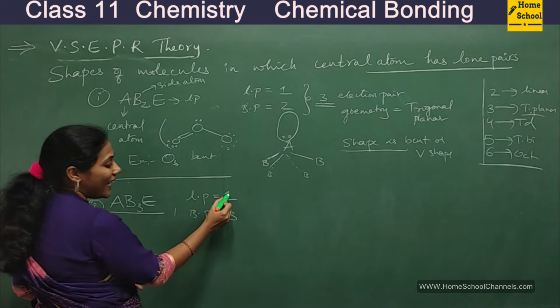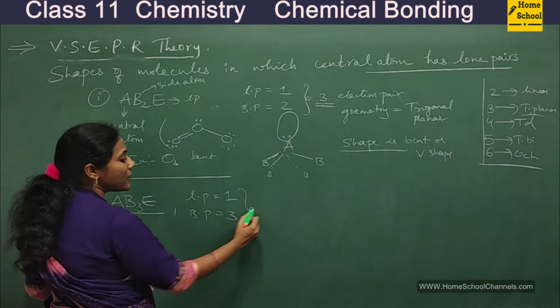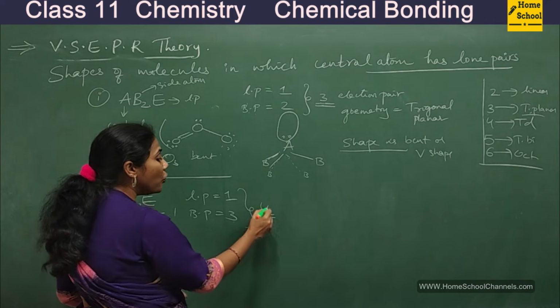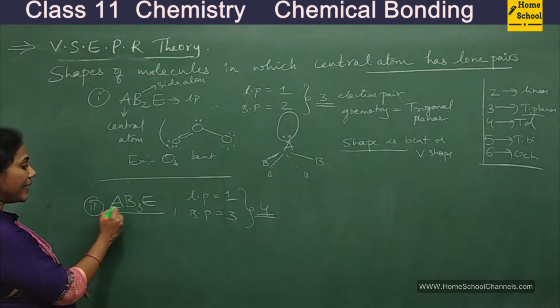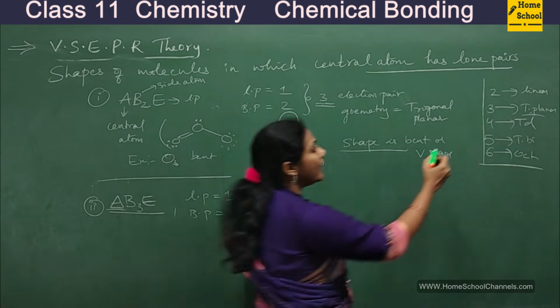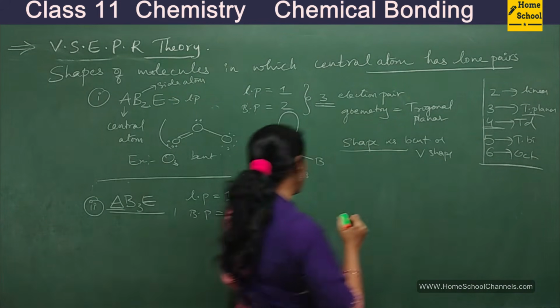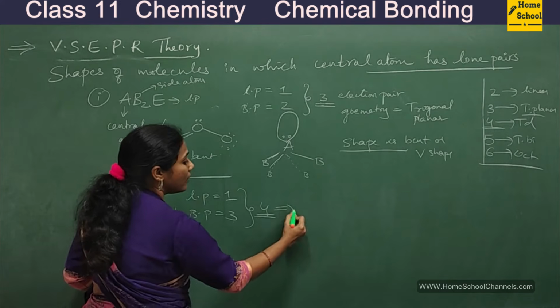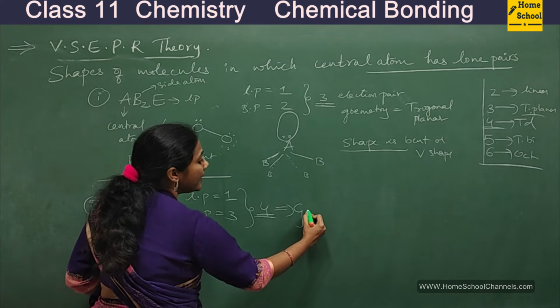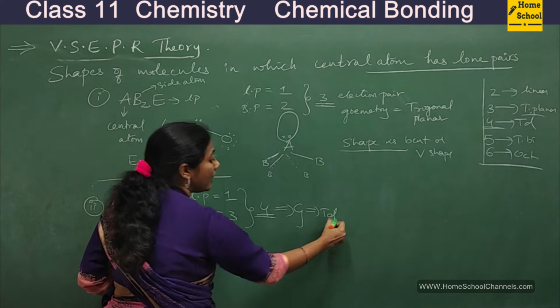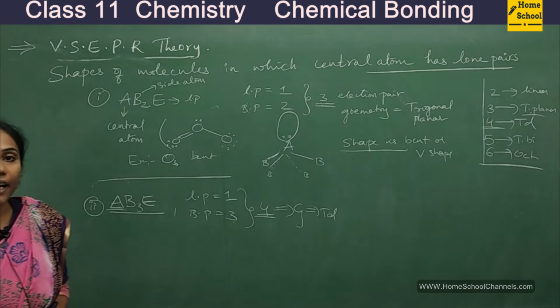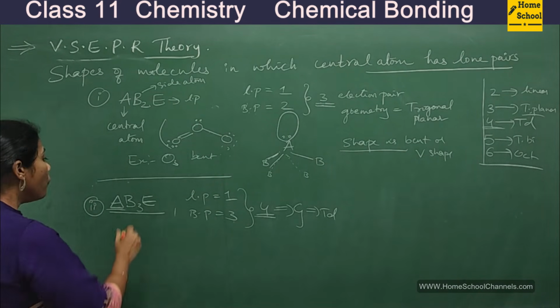Add both lone pairs and bond pairs, you will get 4. So when you have 4 electron pairs around the central atom, what is the geometry? So here the geometry is tetrahedral, no doubt. Geometry is tetrahedral.